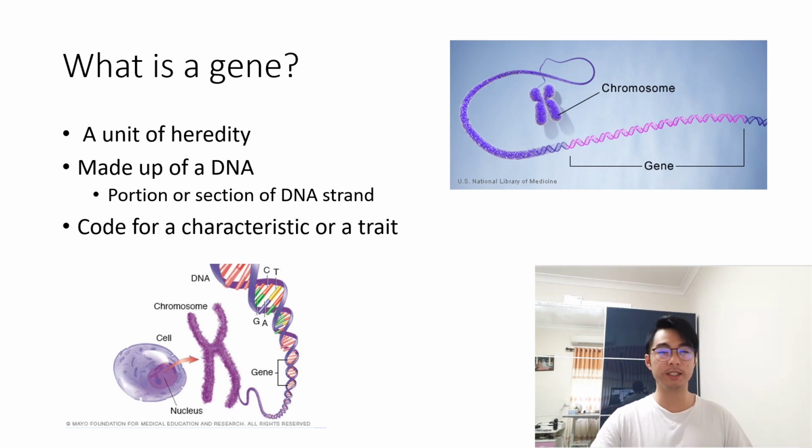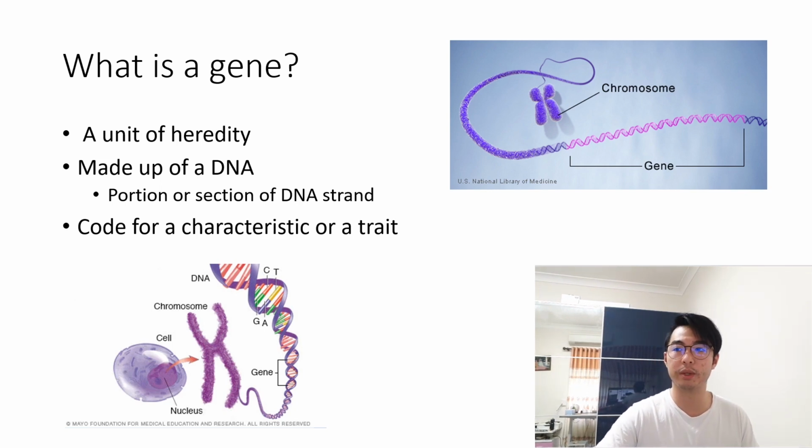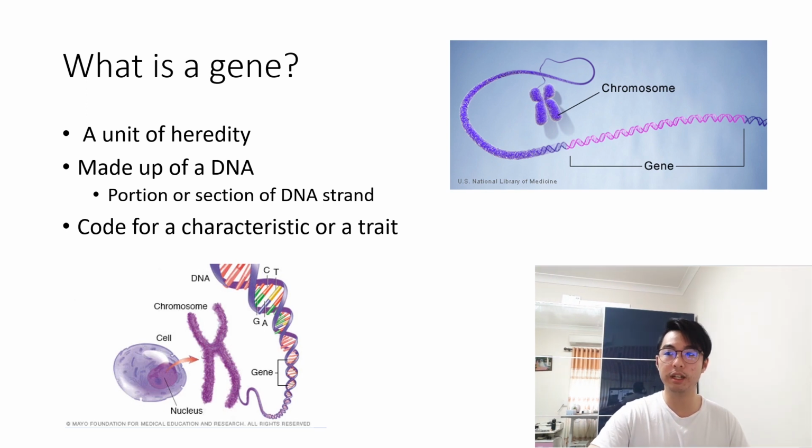Okay, well, you can unzip these genes. While you can unzip these genes, they aren't the same pair of genes that you wear around your waist. So it's a unit of heredity. And it's made of portions of a DNA strand. Okay? And this section could contain up to millions of DNA bases or steps.